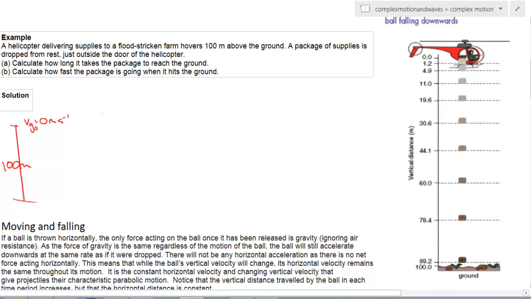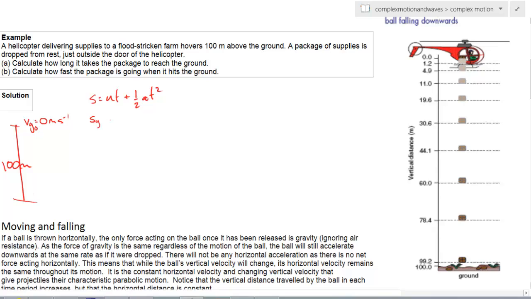The simplest case is just to use S equals ut plus a half at squared, which you'd use in the standard form. I'm going to actually write it in a different form so that it includes the vertical displacement that we already have, 100 meters, and also includes the y components of the velocity.